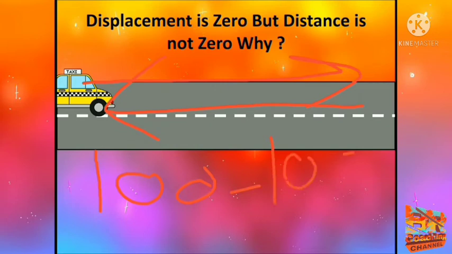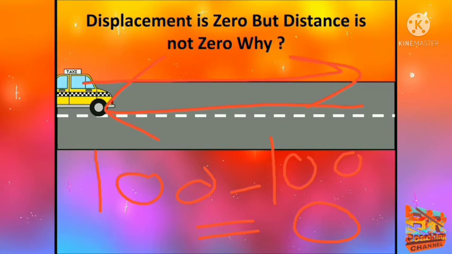In both directions it traveled 100 plus 100, that is 200 meters. What about displacement? 100 minus 100, 0. Why? In the displacement case, 100 minus 100 is 0. Okay, the starting point and ending point are the same.